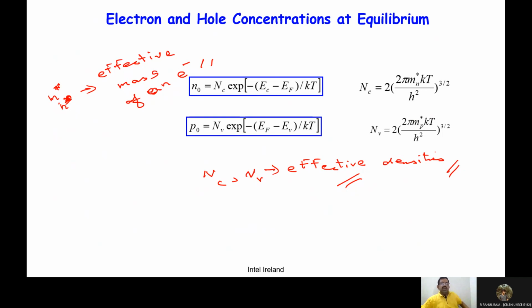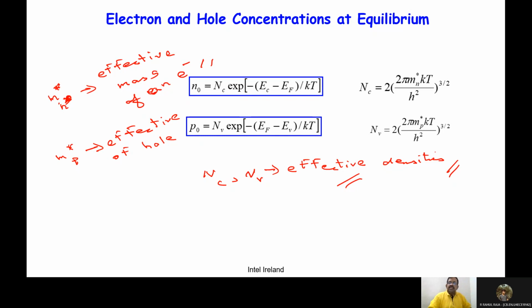We are not getting into that right now; it is another class altogether. And Mp star is the effective mass of a hole. I told you the rest mass of a hole is 0, but there is an effective mass of a hole. Different materials have different periodic potential functions, therefore the effective masses of electron and hole will be different for different materials.